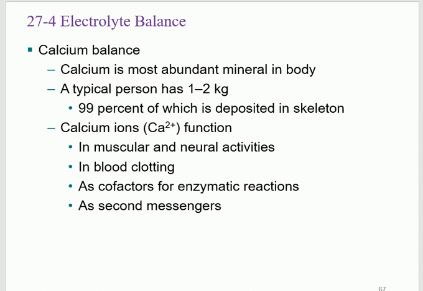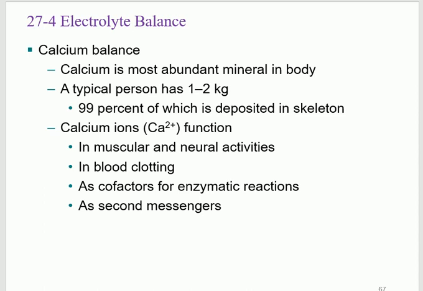What's the importance of calcium that you need to know? Number one, muscles. Number two, nerves. Muscles and nerves, they don't work. We did that in 233. I'm not going to go through it again, but at least you guys should remember that muscles cannot contract without calcium, right? Nervous system cannot work without calcium.